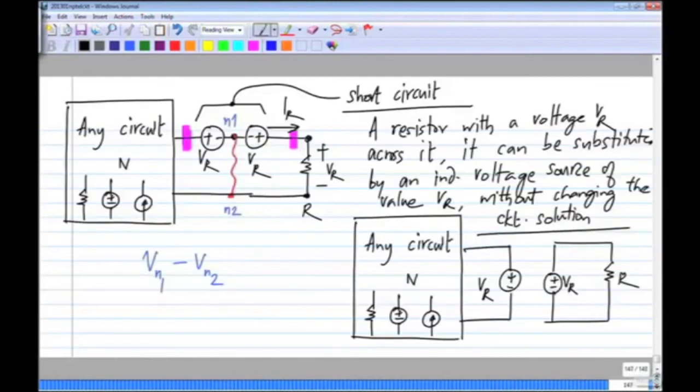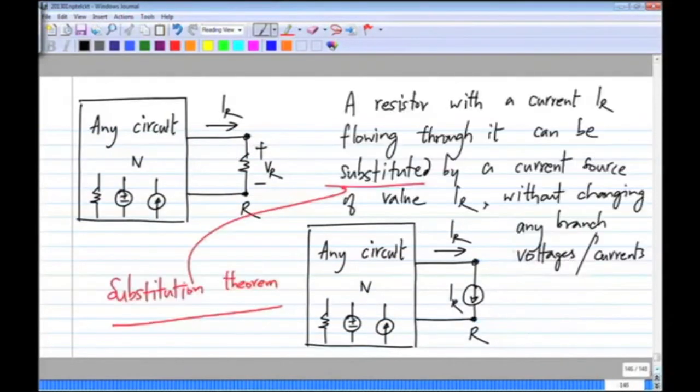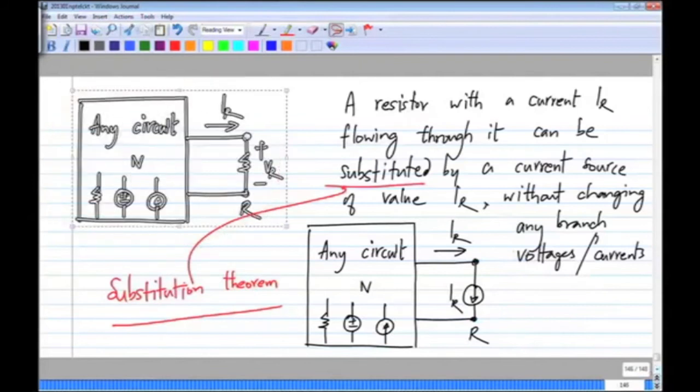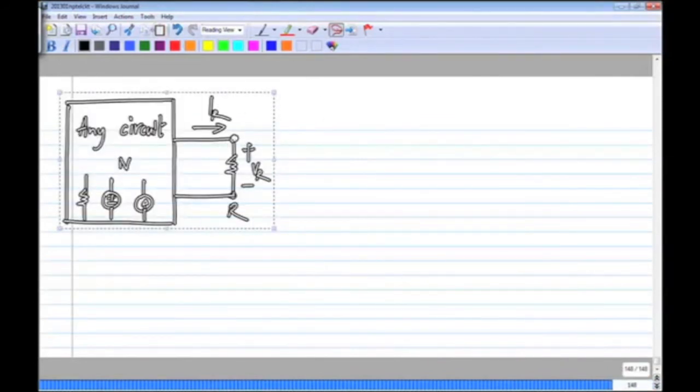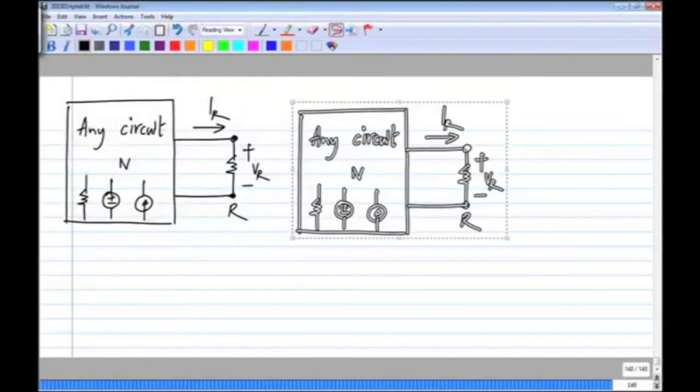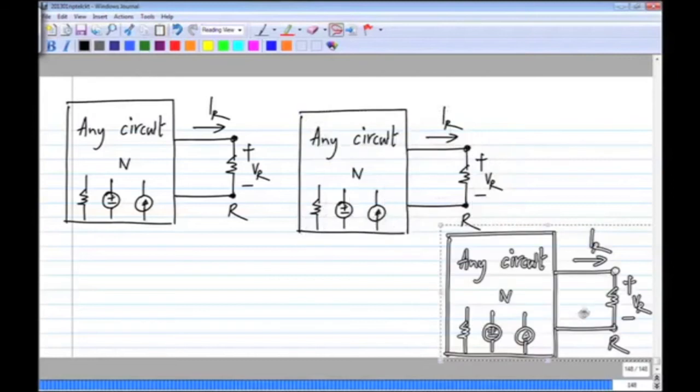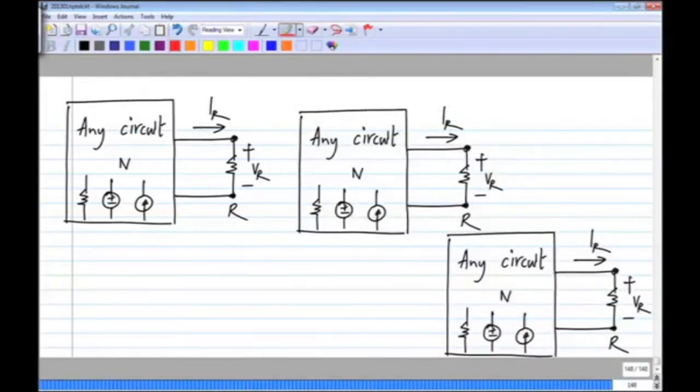So in summary, what it says is that if you have a circuit with a resistor R which has a voltage VR across it and a current IR through it, you can substitute that resistor by a current source of value IR in the appropriate direction, or a voltage source of value VR in the appropriate polarity, and the circuit solutions will be exactly the same.